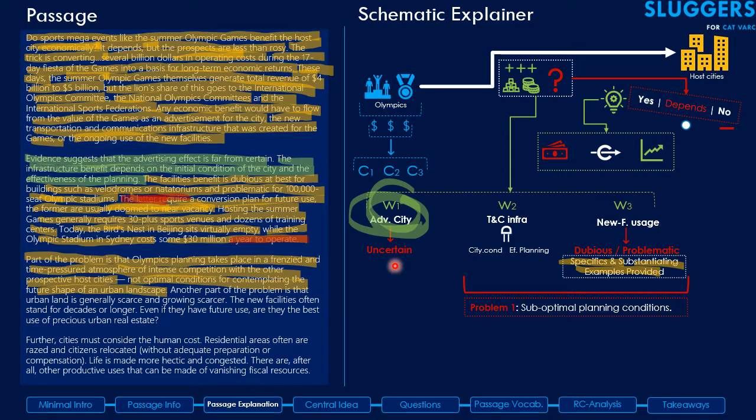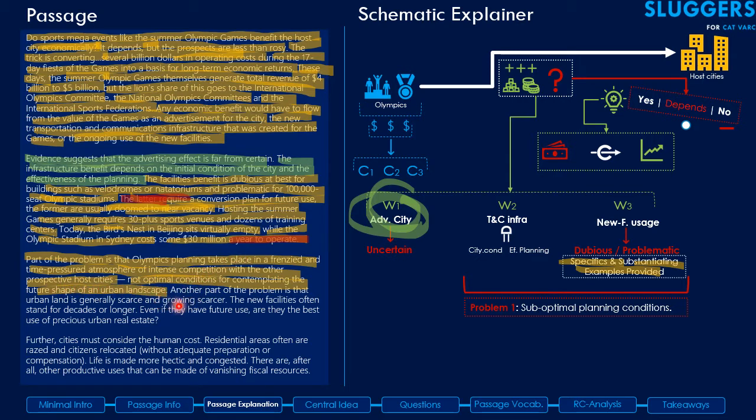They are competing with other cities via bids and everything to get the opportunity to host the Olympics. So it's a very chaotic environment in which the planning happens, and a chaotic environment is not an optimal condition for contemplating the future shape of an urban landscape.